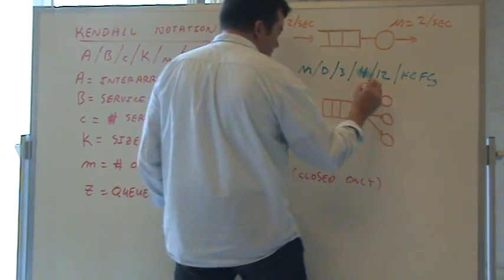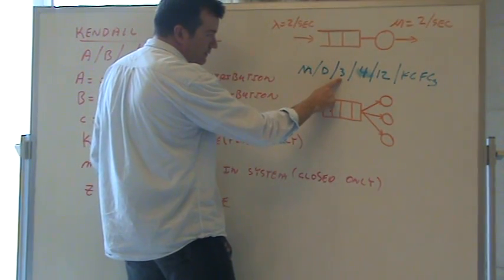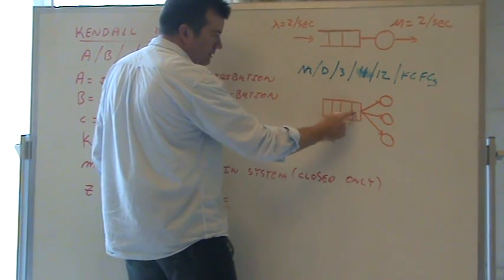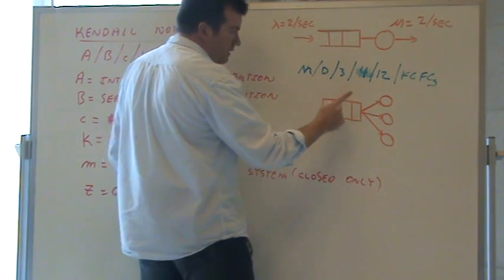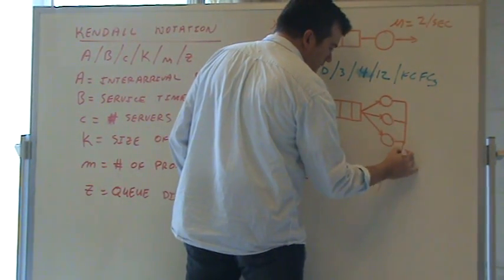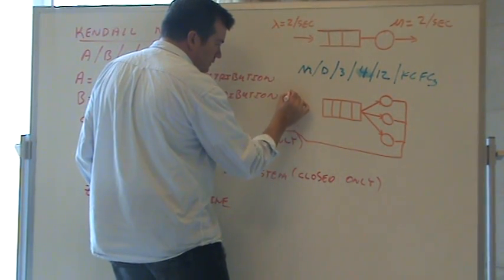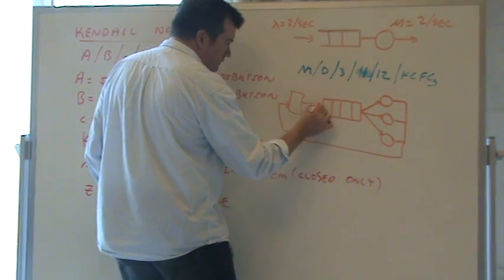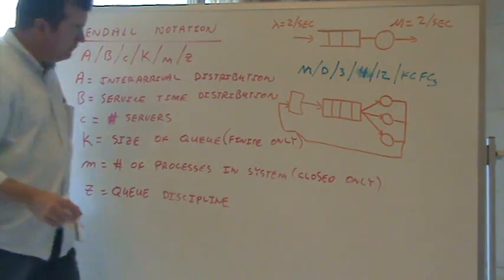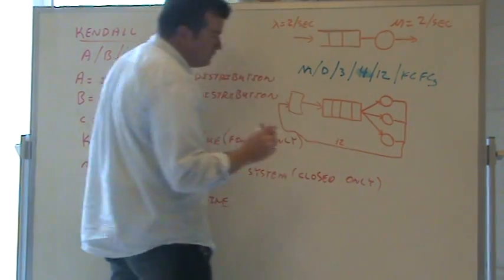So we have 3 servers, 4 seats in the queue, and 12. This is going to be a closed system, so there's a total of 12 processes in the queuing system.